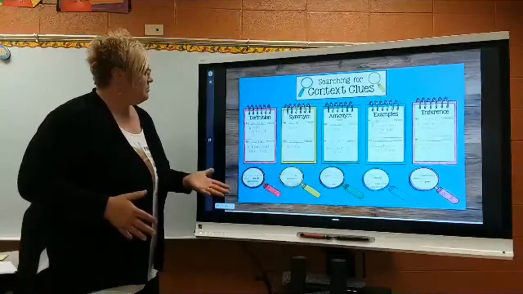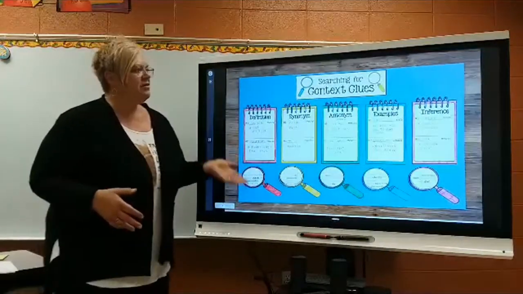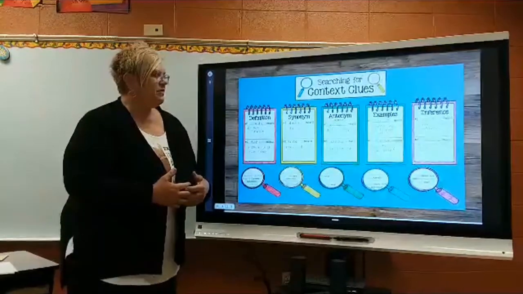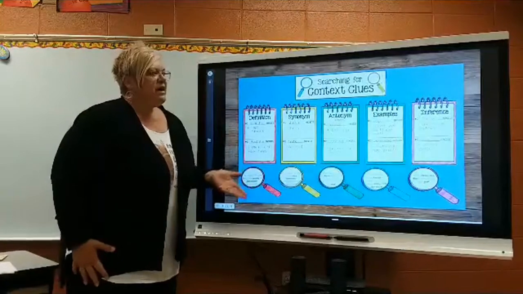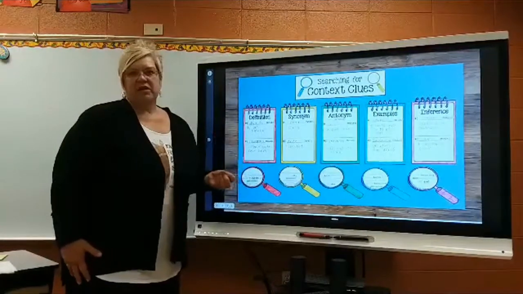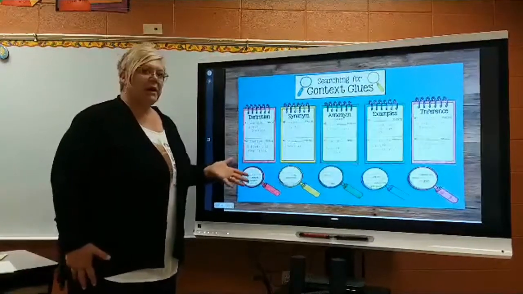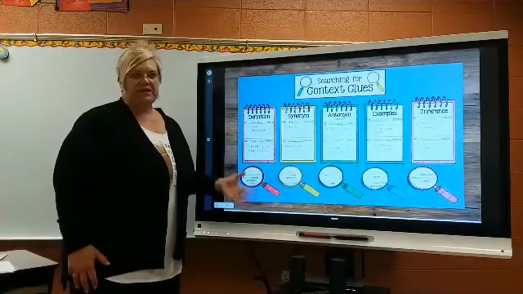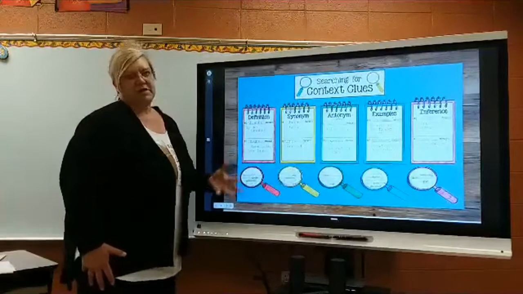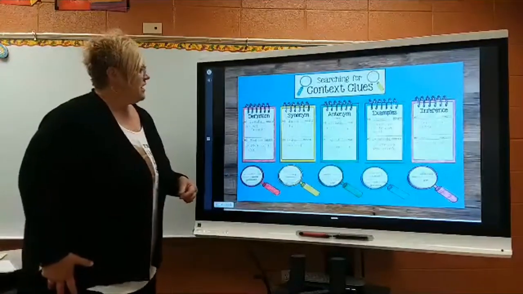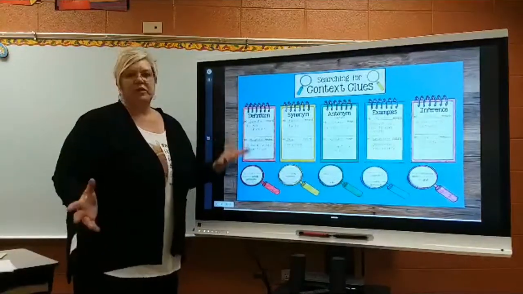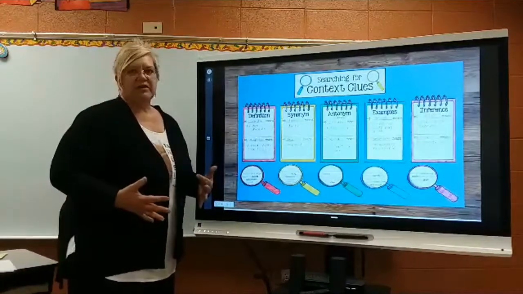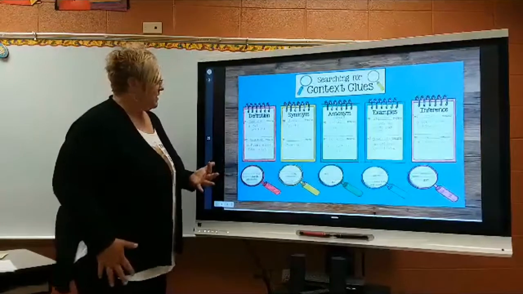This is an example of the anchor chart that I would be using for this particular topic, context clues. I would have this as a visual within the classroom to refer back to, so that students have a visual of the concept that we had just covered in class. Whether I'm with a small group or an intervention group, it would always be there until we moved on to the next topic.